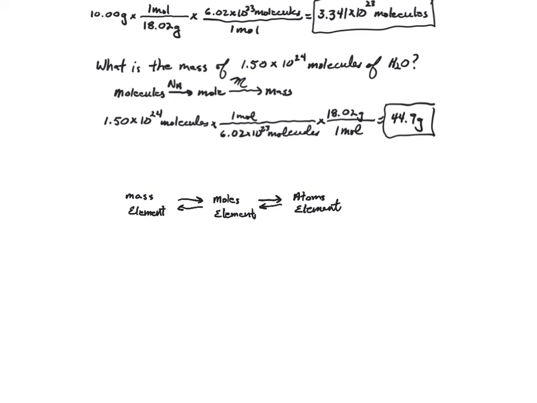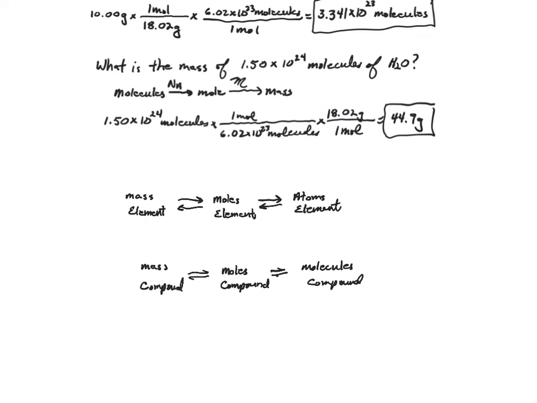We know that we can go from moles of a compound to molecules of a compound. And we know that we can go from moles of a compound to the mass of the compound.